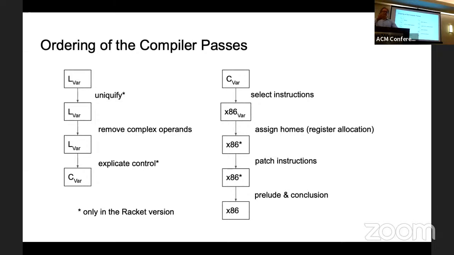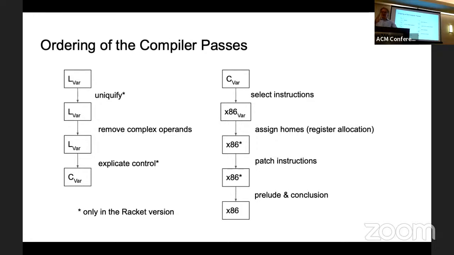We have type checkers for the LVar level code, and we have something that we call our C level IR, because it's slightly reminiscent of C in terms of its abstraction level. We have type checkers for those. We do not have a type checker at the x86 level at all.